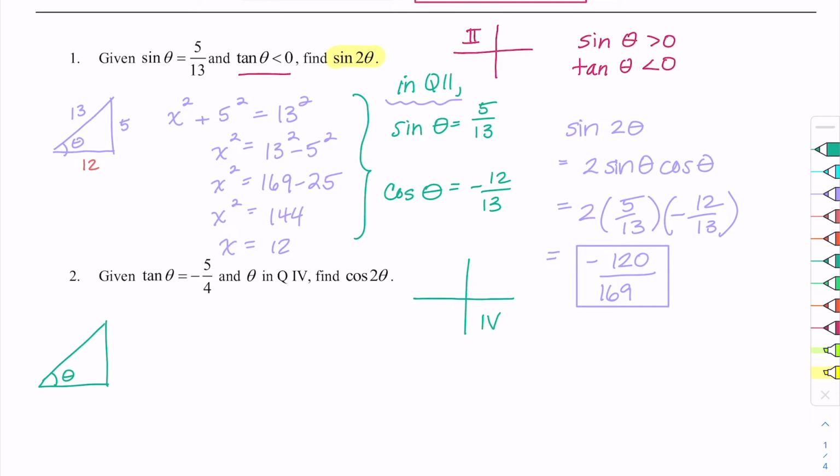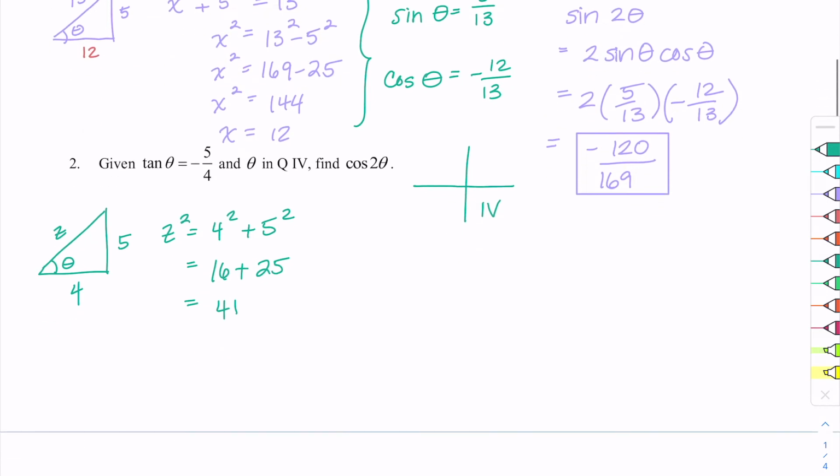And if we're given that the tangent of theta is negative 5/4, that would be opposite over adjacent. So we could call this z. z squared is equal to 4 squared plus 5 squared. That's equal to 16 plus 25, and that's equal to 41. So z is equal to the square root of 41.